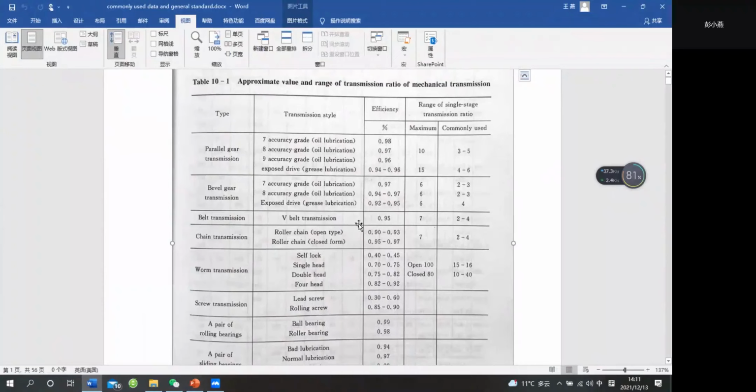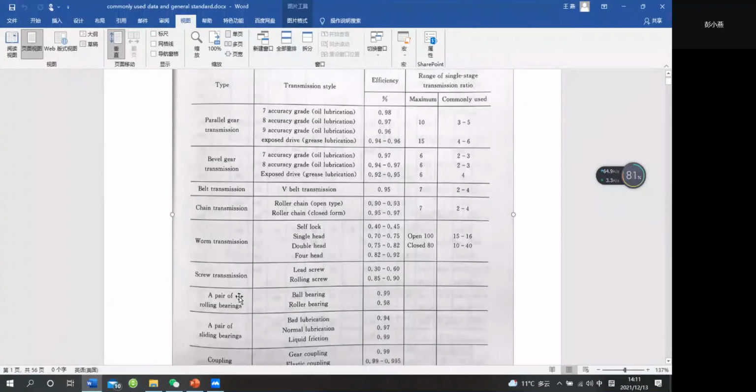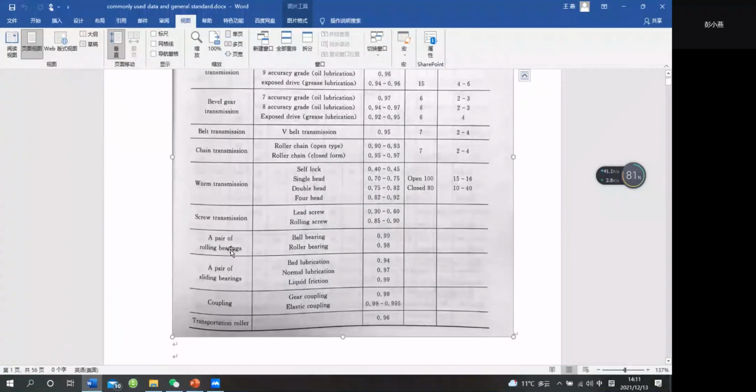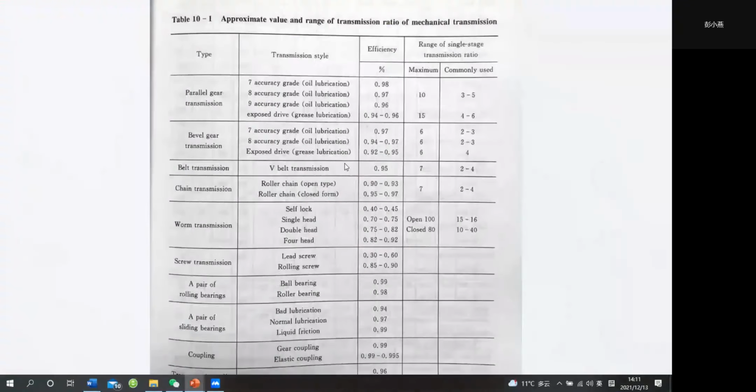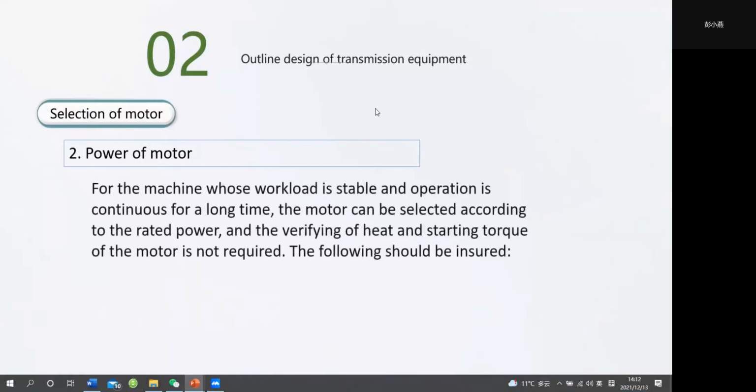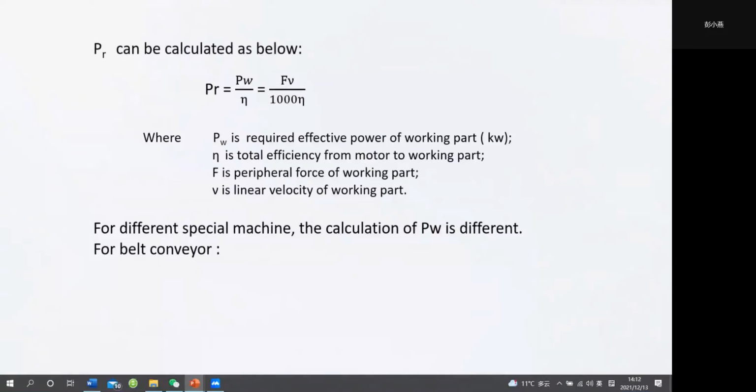For belt, the efficiency is 0.95, and the transmission ratio is usually within the range from 2 to 4. This is for chain, and this for bearings, couplings and roller. Then you can find the efficiency of the transmission parts, and then calculate the total efficiency.